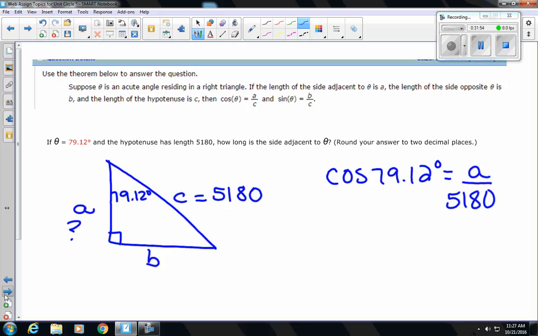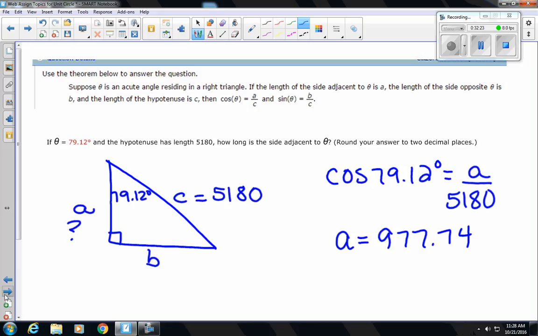If you don't, then you're really finding the cosine of an extraordinarily large angle. Or you can do 5180 times the cosine of 79.12. Multiplication is commutative. That part doesn't matter. But you need to be careful with your syntax. So, A then is 0.7. It says 2 decimal places.